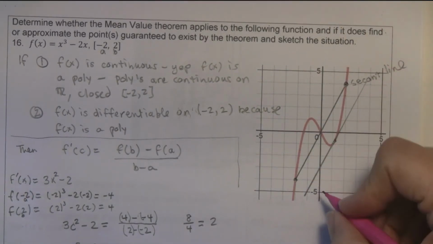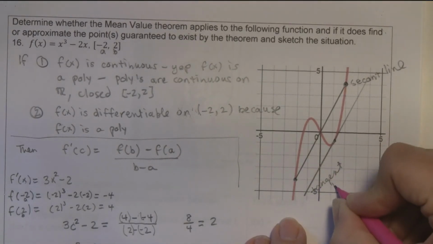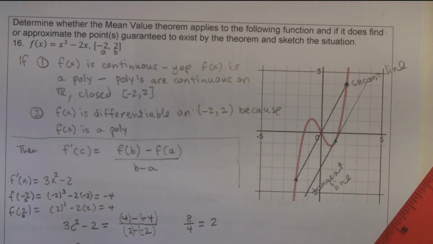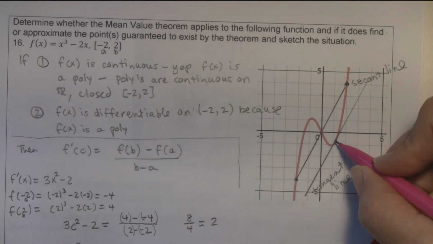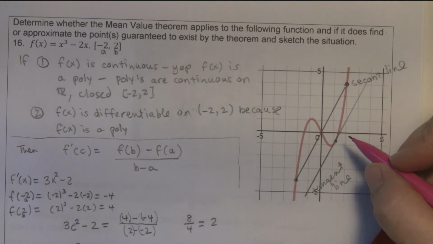And there is a tangent line. And you notice the slope of the tangent line and the slope of the secant line are the same. And you can kind of see that the tangent line, remember, is the slope of the curve at that point. And it certainly looks good.